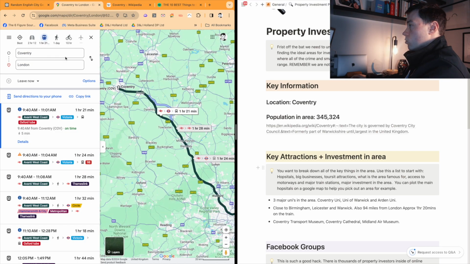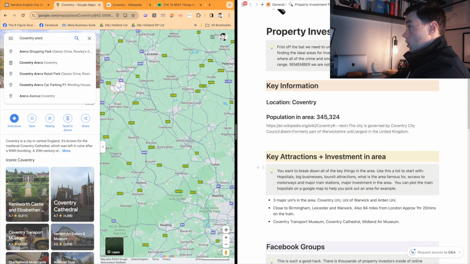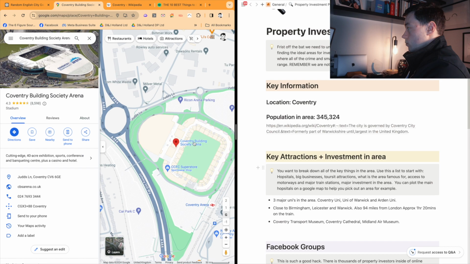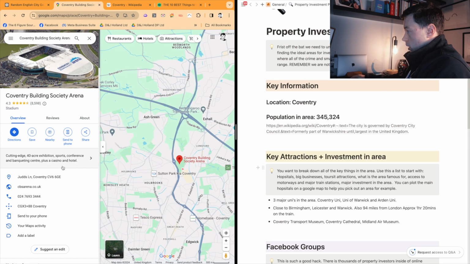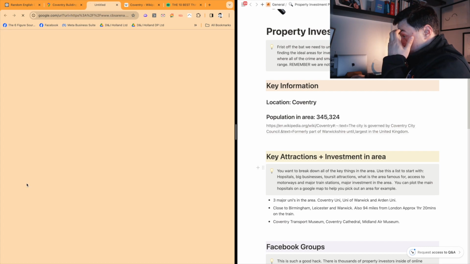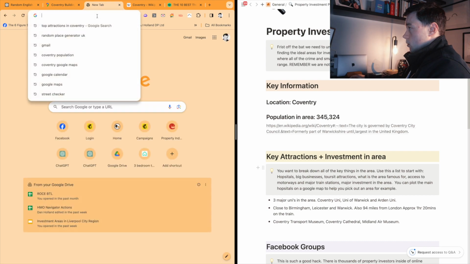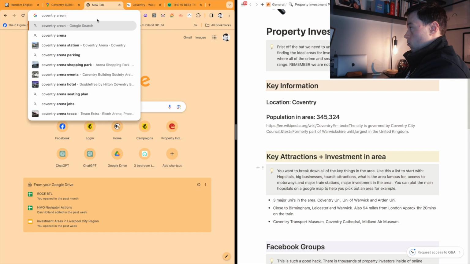In fact, let's find out where the closest arena is. Coventry Arena. So that looks like the football stadium in Coventry, in the centre. So let's have a look to see what sort of stuff they get on there.